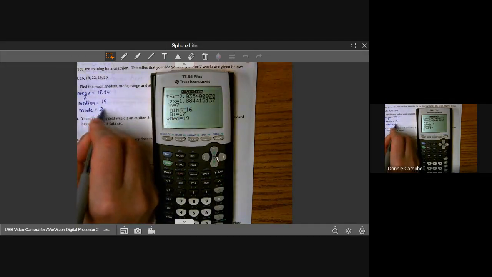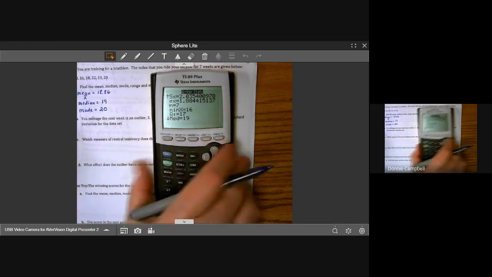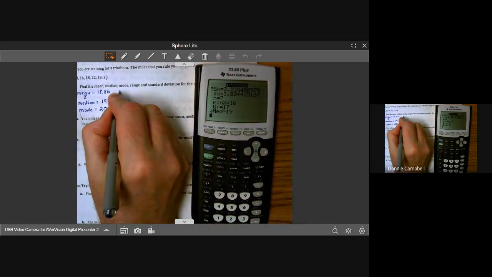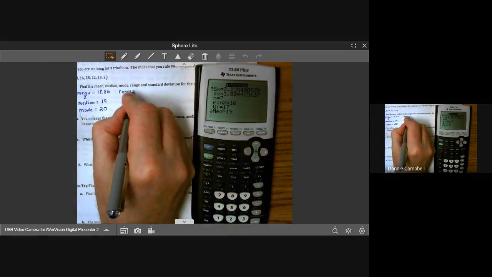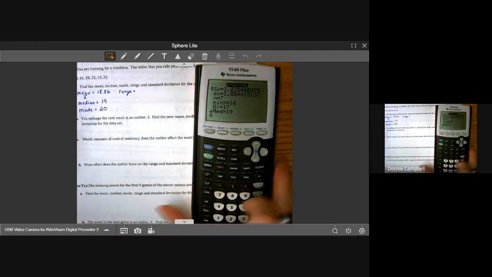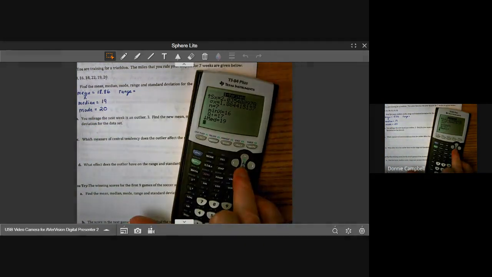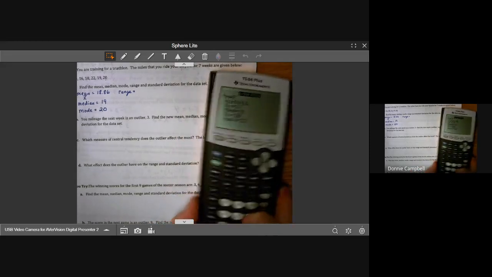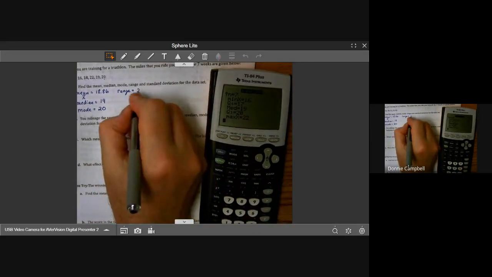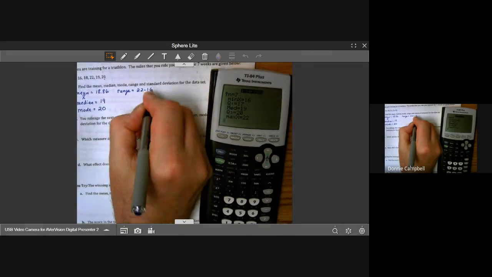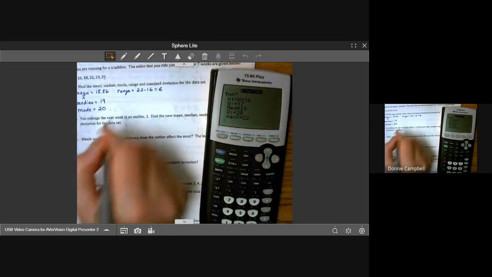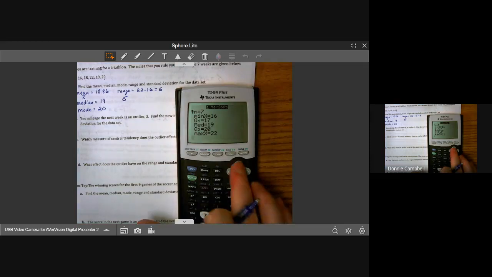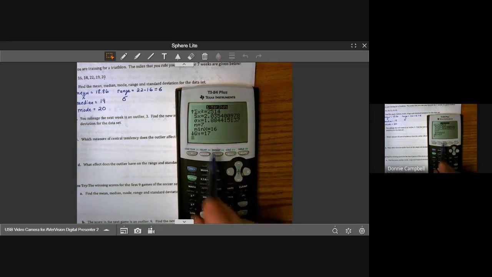So it'd be 20. And your range is, let's see, your smallest value was 16. Your biggest value was 22. So 22 minus 16 would give me a value of 6. My standard deviation, there it is right there, 1.88.